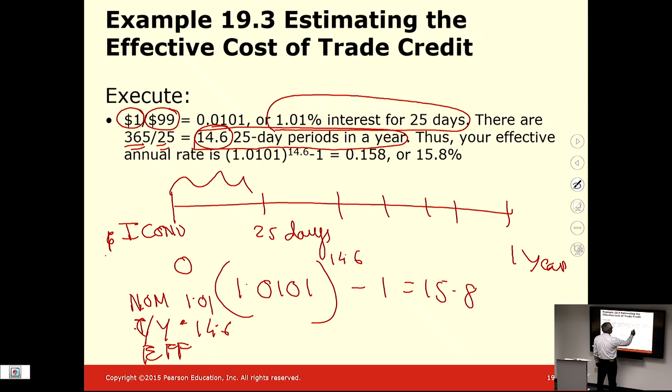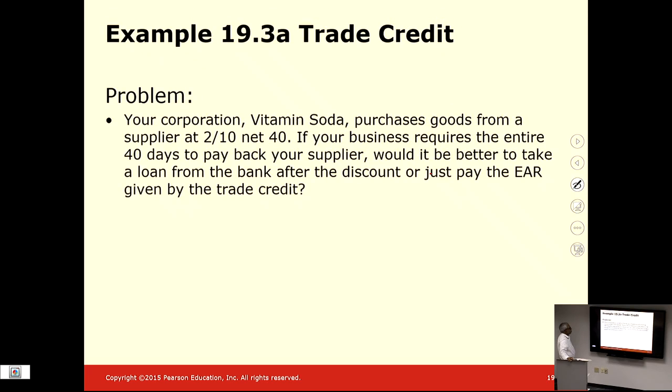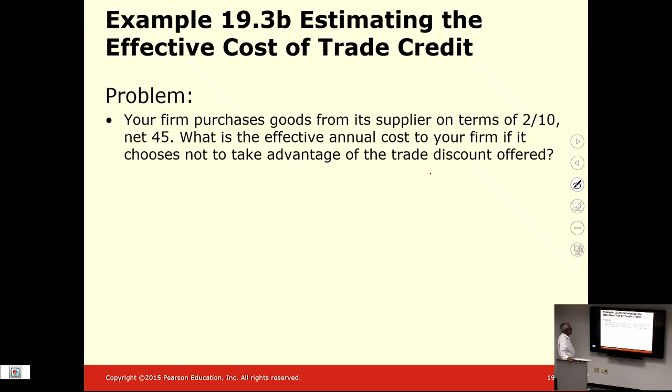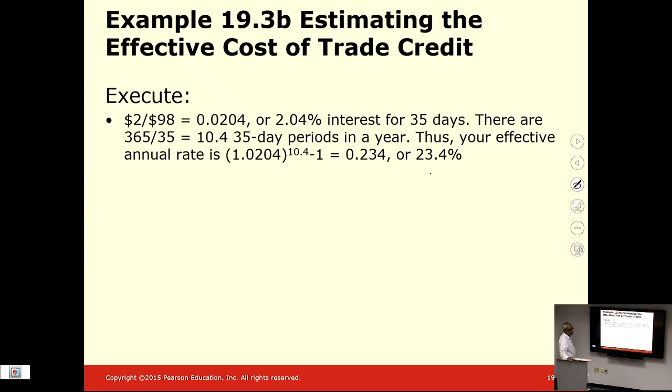So the effective interest rate would be 15.8%. Similarly, you can practice some of these other questions over here.